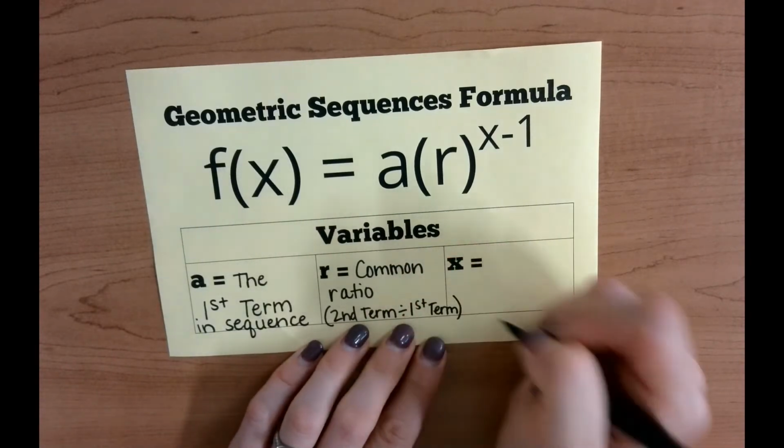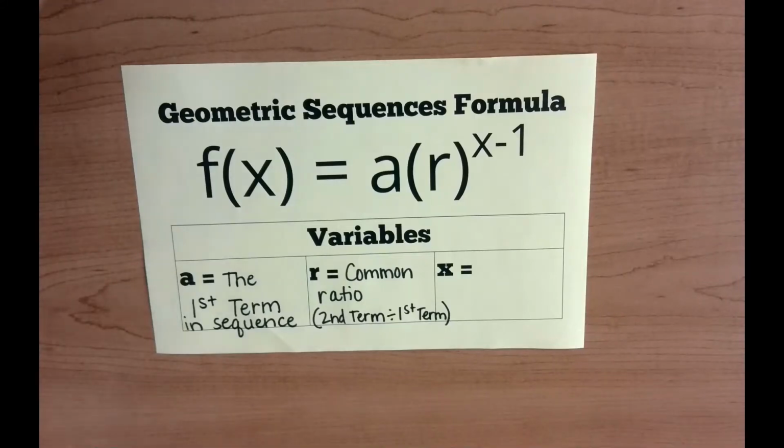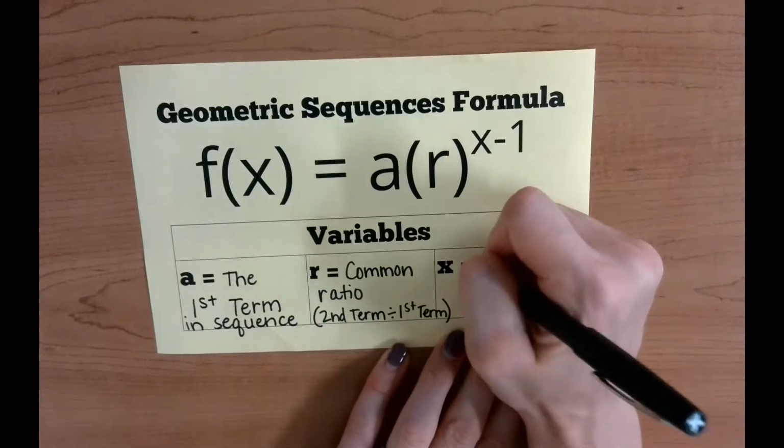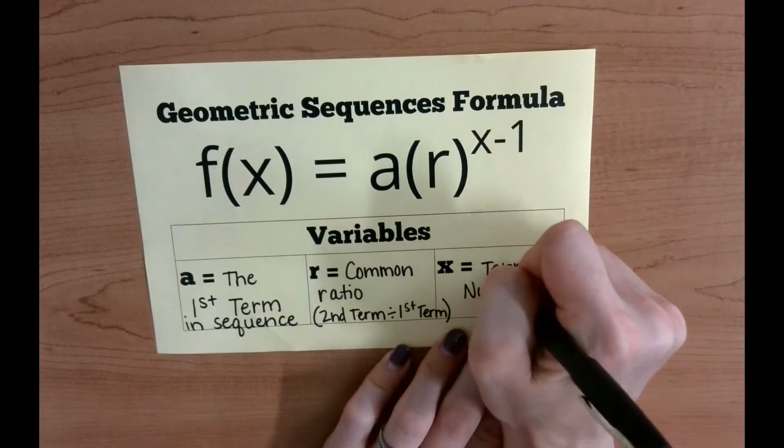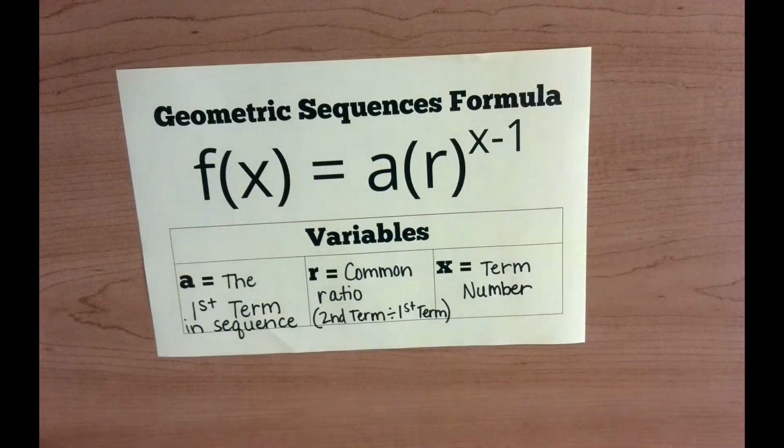Back when we did arithmetic sequences, that's when it was adding or subtracting, and we would take the second term minus the first term. So common ratio now is what it is multiplying by each time, so now we're going to do the opposite of multiply. We're going to divide. And then x would be the term number, or number of the term that you are trying to find.